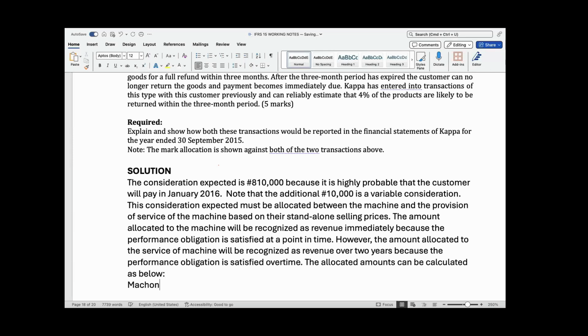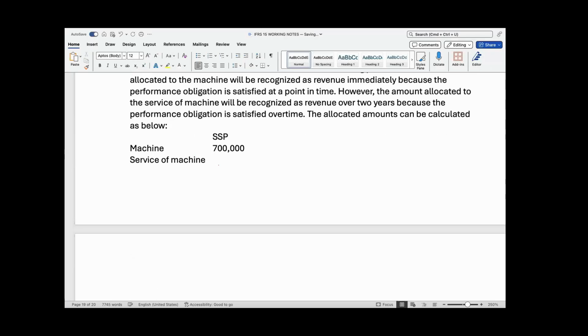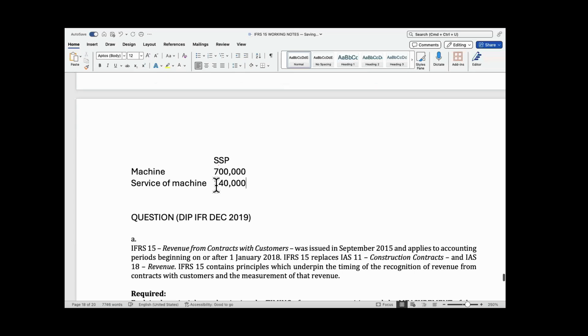So the machine and service of machine. Their SSP, standalone selling price, for the machine is 700,000. For the service, it is 140,000.